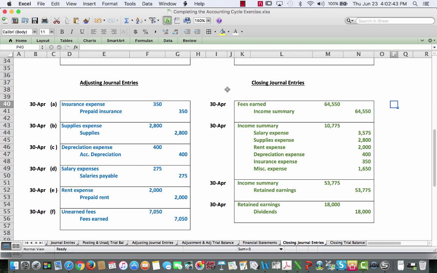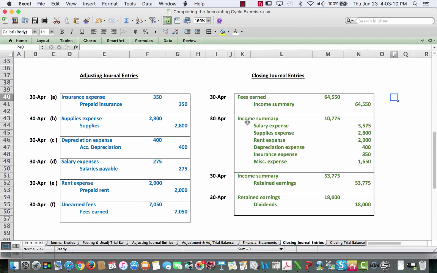However, the accounts that are never closed are the balance sheet accounts. Those are assets, liabilities, and equity. Those accounts roll over. So whatever your balance is on December 31st is, one day later on January 1st, that balance will be there. It doesn't go away.